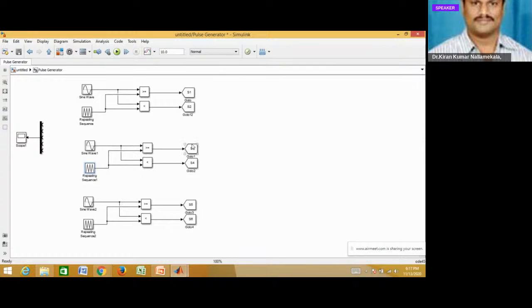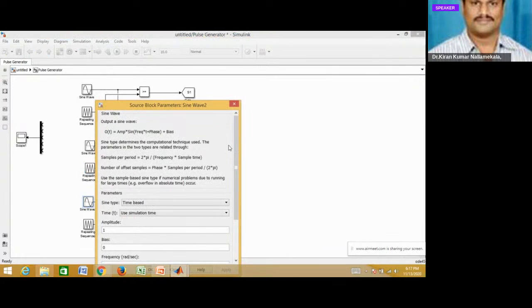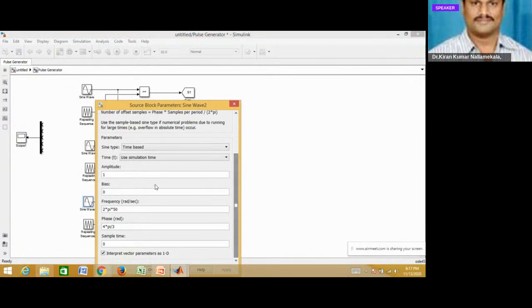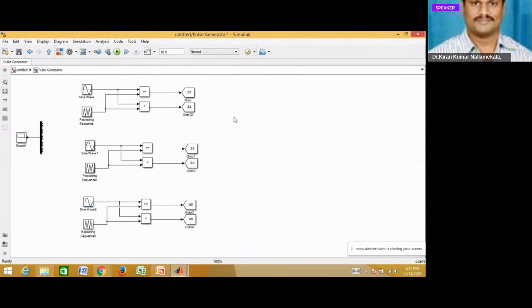Similarly, these are given to S3 and S4, that means B phase switches. Similarly here for C phase, magnitude is the same, frequency is the same, the phase delay is 4 pi by 3, that is 240 degrees.